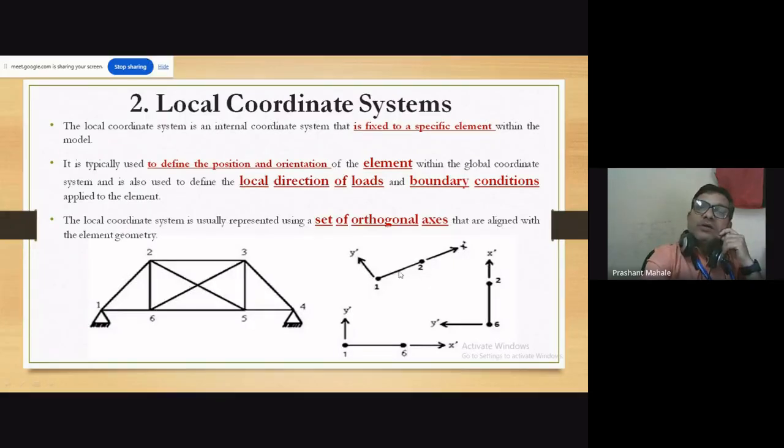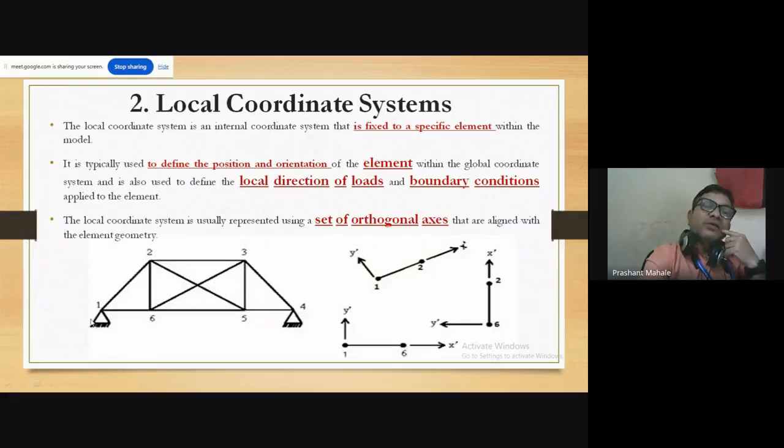You can see here the 1 2 element is inclined. So I am going to give one perpendicular direction, suppose as the y direction, and the second, x, aligned to that 1 2 direction. So this is the local coordinate assigned to that 1 2 element only. So 1 is 0 and 2 is at some certain position like that.